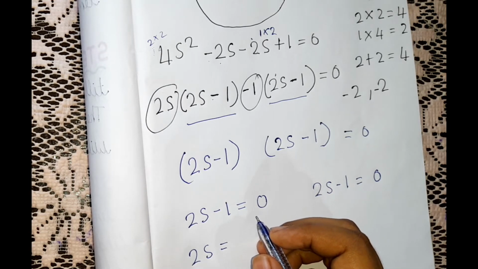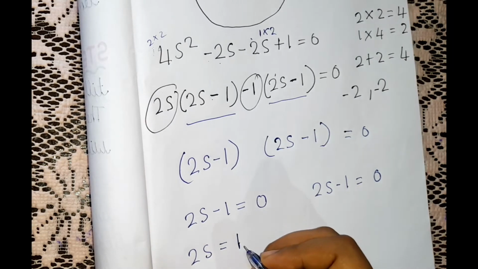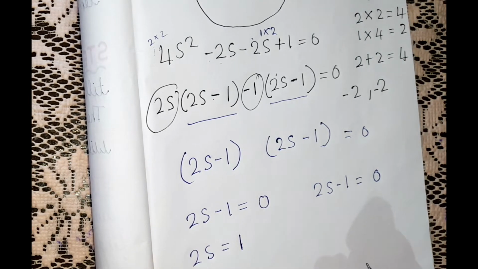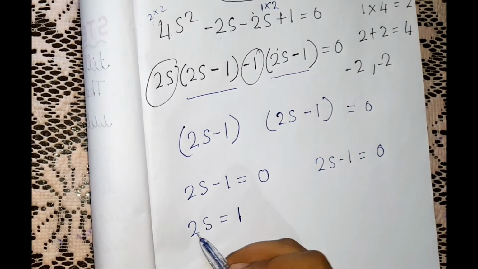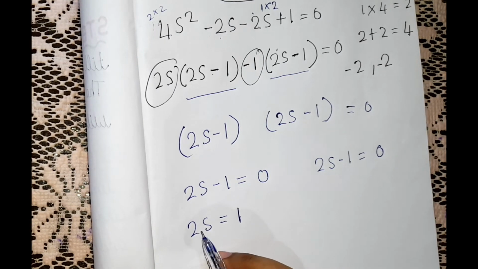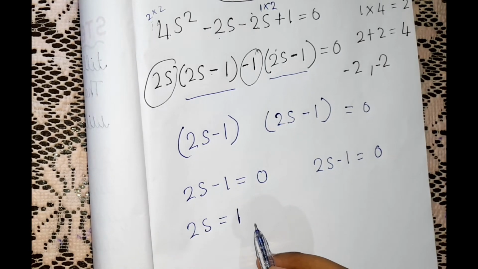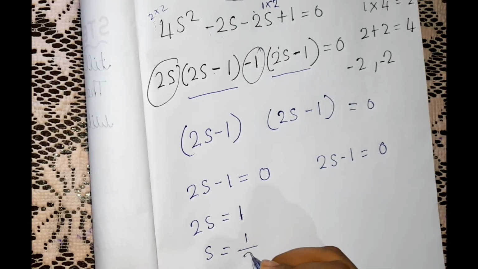It changes its sign from minus 1 to plus 1. So I am writing 1. 1 means of course it is in the addition form, and then this 2, here it is in the multiplication form, 2 into s, am I right? So when this 2 comes to this side, that is the right side, then it becomes division. So 1 divided by 2.